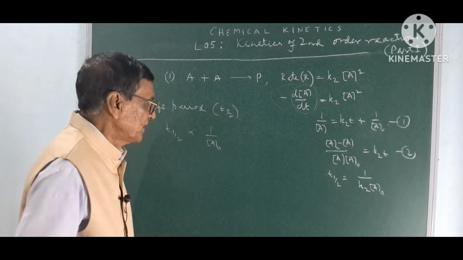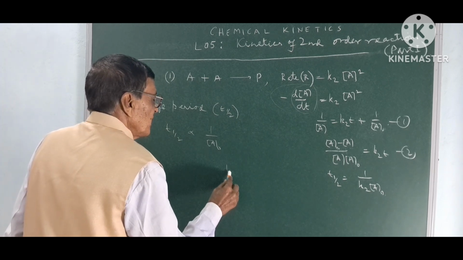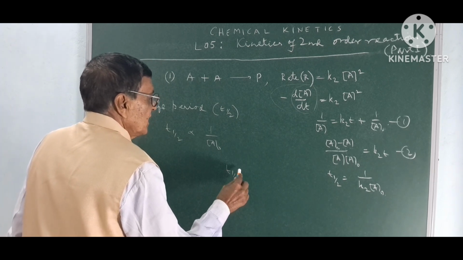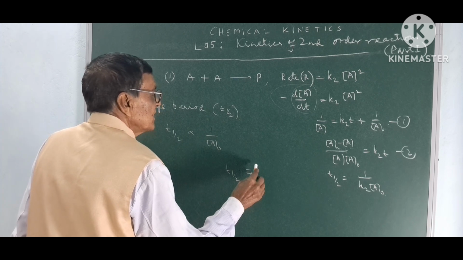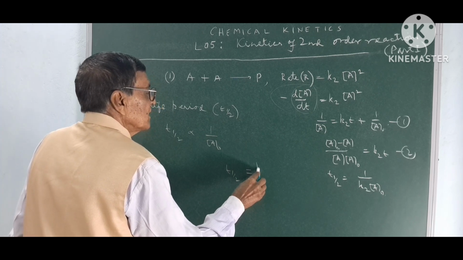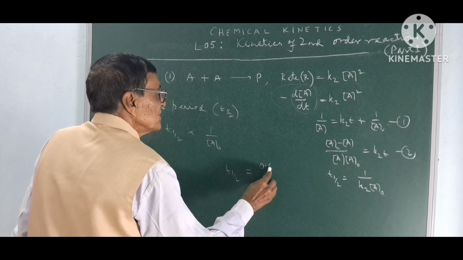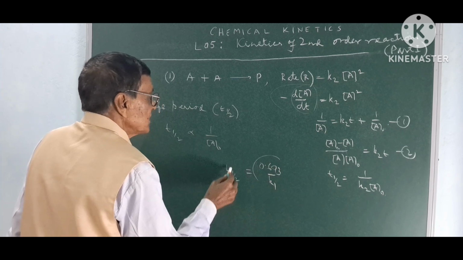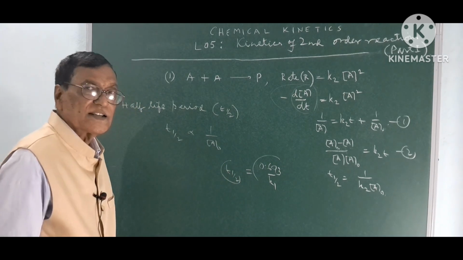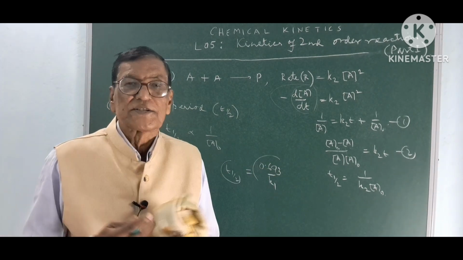Now think about the first order reaction: it is only 0.693 divided by K1, which means half-life period is constant.